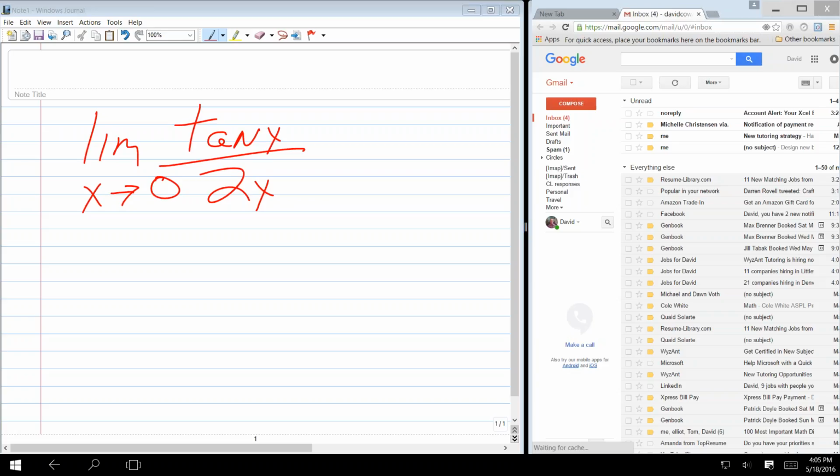Yeah. So we've got to do something to one of them. Can't do much with 2x, but what's tangent x equal to? Isn't it sine over cosine? So now the problem becomes this, right? Yeah.